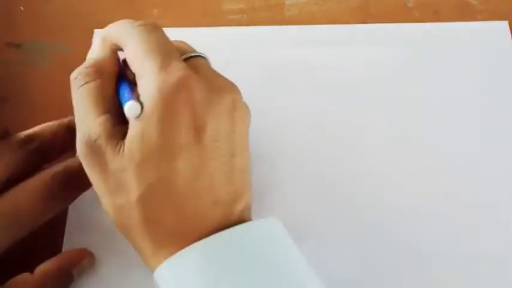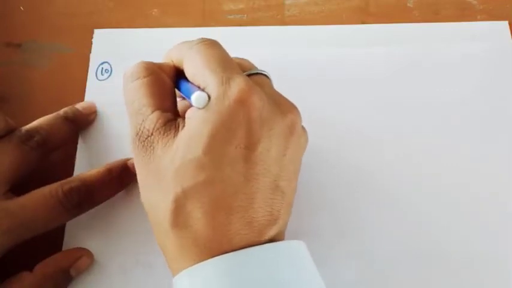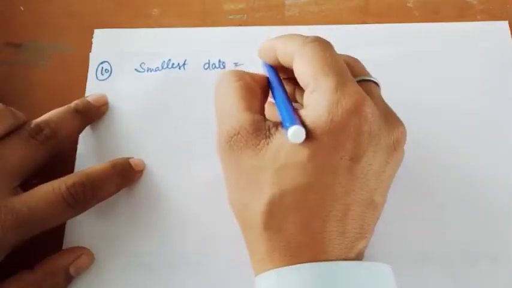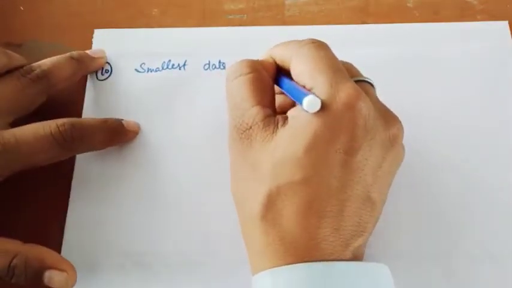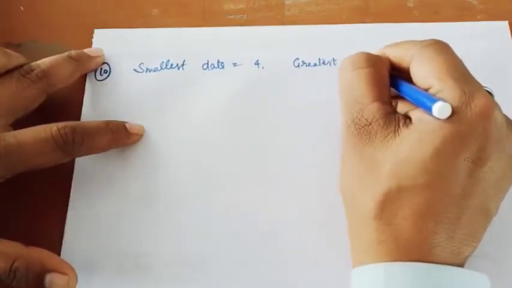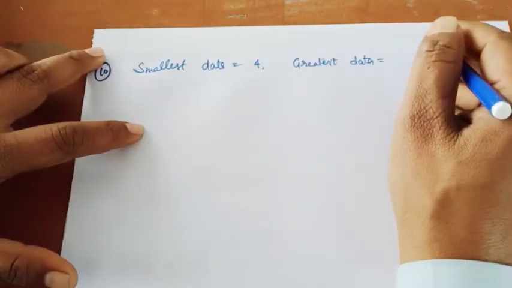So, I am using a paper here. You can see. The lowest data we have in our collection for question number 10, the smallest data, I can see here 4 is the smallest one, and the greatest one is 56.